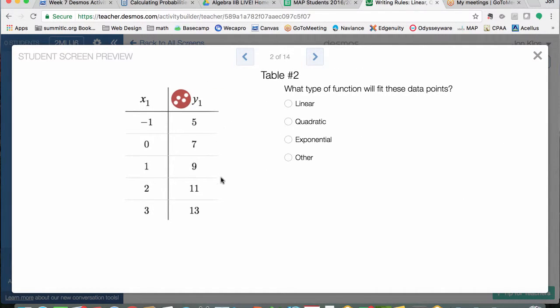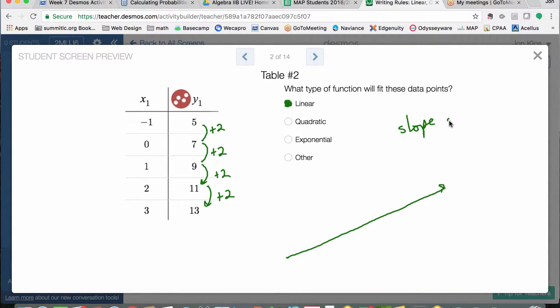What type of function will fit these points? This one's a little bit more obvious to see. I'm going from 5 to 7, that's plus 2, 7 to 9, plus 2, 9 to 11, plus 2, 11 to 13, plus 2. The first set of differences is the same. If I would graph these, it's a nice steady linear equation with a slope of 2.